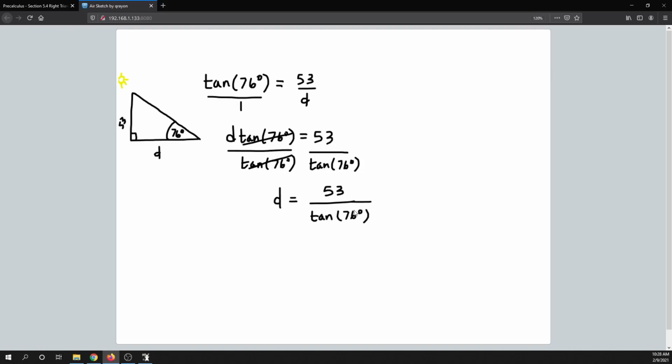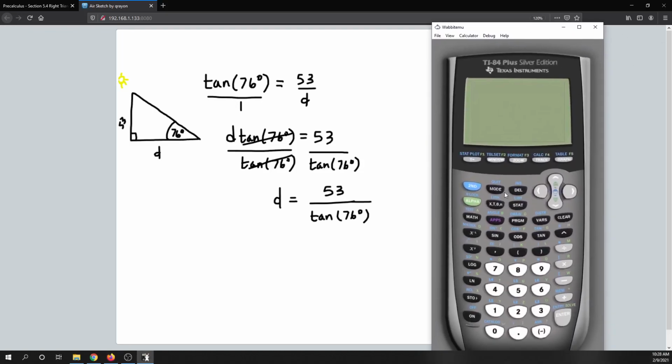And so then, let's see. We need to punch this into our calculator. You need to make sure that you're in degree mode, since the angle is given in degrees. And just checking that on mine, yes, I am in degree mode.